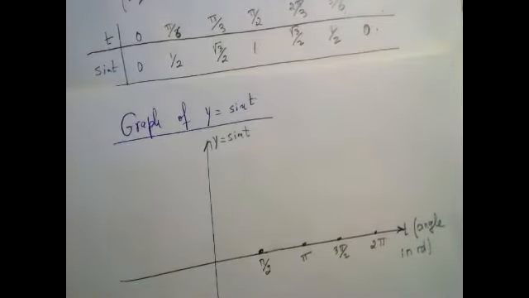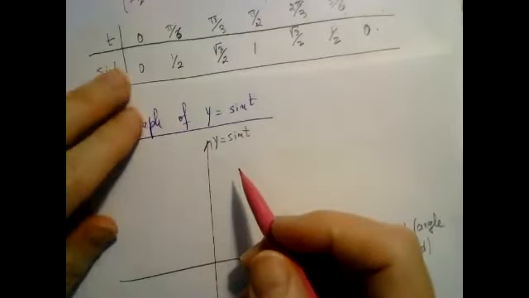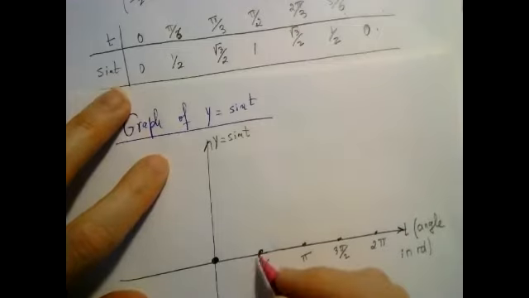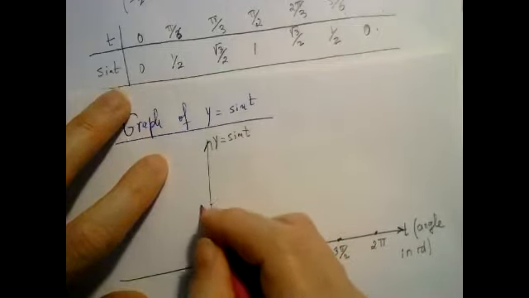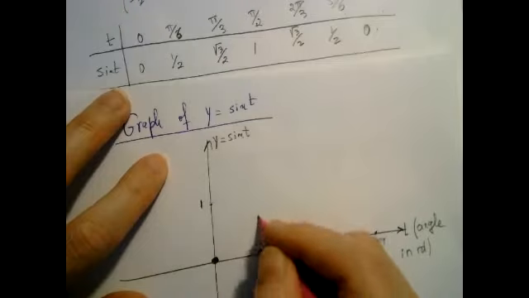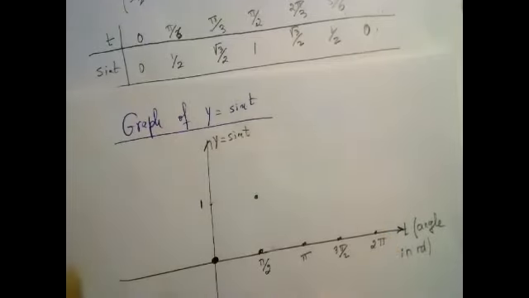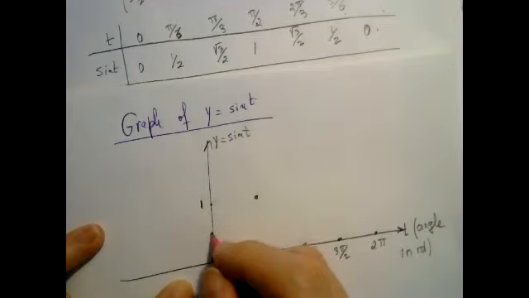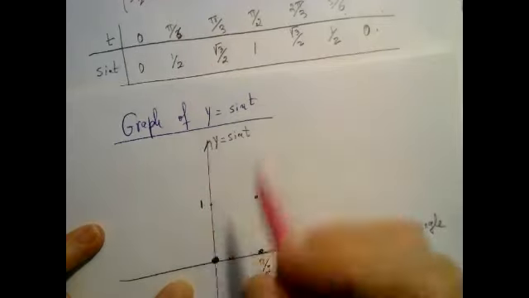And then let us see how the graph would look. If the angle is 0, the sine is 0. If the angle is pi over 2, the sine takes the value 1. So now the sine values are on the vertical and on the horizontal, the angle. Now at pi over 6, it's going to take a half.